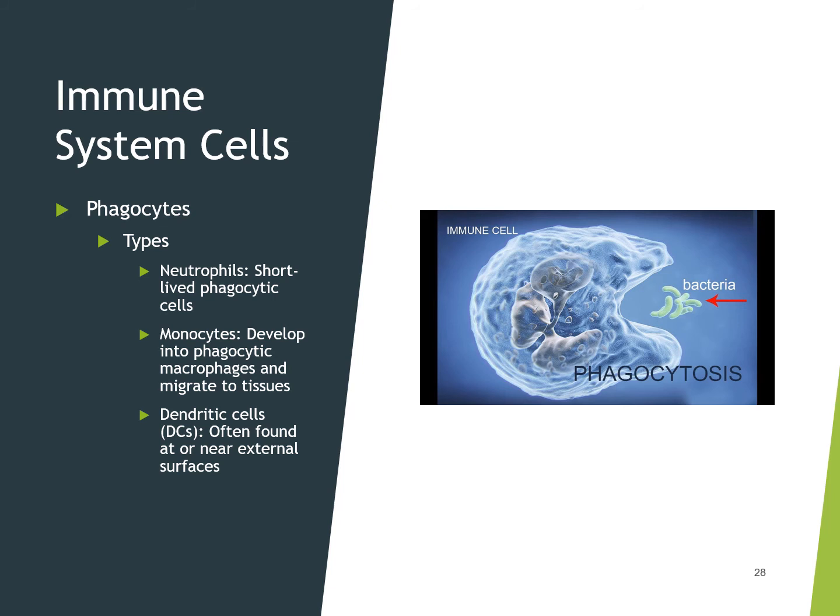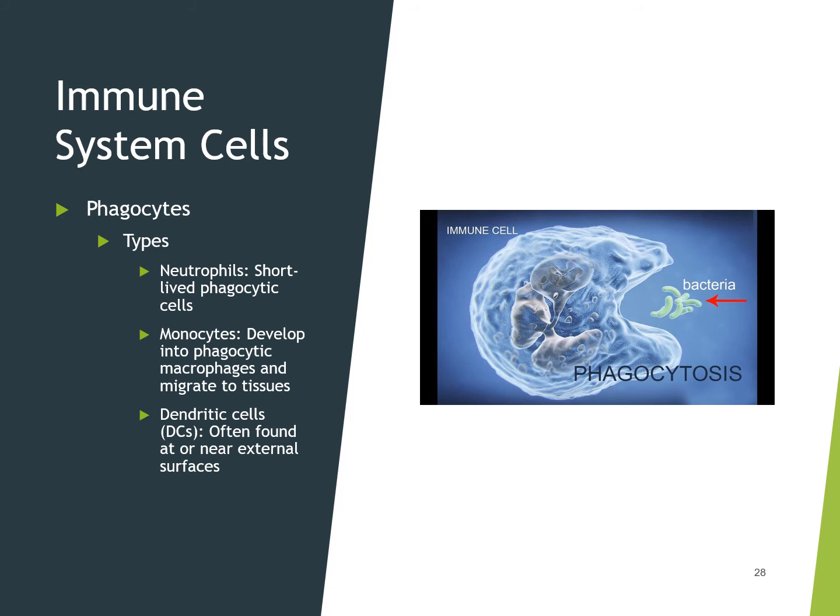So these dendritic cells are highly branched cells, and all of these cells are produced in the bone marrow. Once the dendritic cells leave the bone marrow, they colonize in areas like the skin and the lining of the respiratory system and the digestive system. So anywhere where there's mucous membranes, the dendritic cells are going to colonize there, and they're going to help protect us from threatening particles and cells that could try to invade those areas.